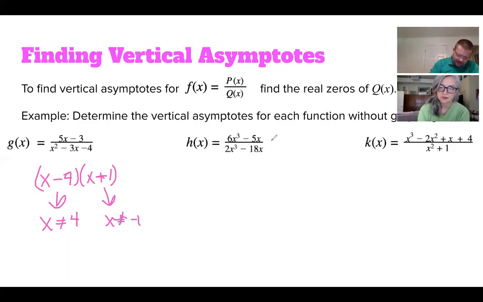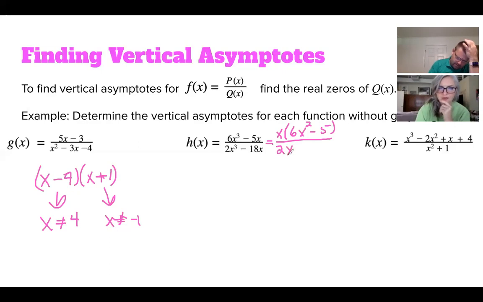Okay. So problem h of x, the top does factor. I can factor out an x, can't I? I have a GCF of x. You can. And that's going to give me 6x squared minus 5. That ain't going nowhere. Right? And I don't believe so. No. And then the bottom, I can take a 2x out, right?